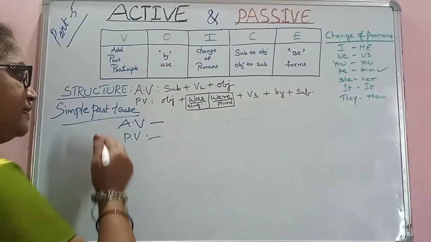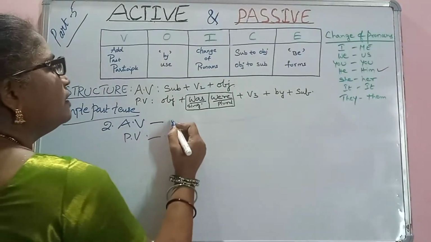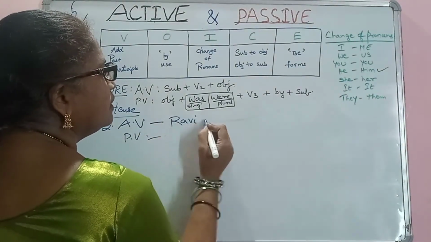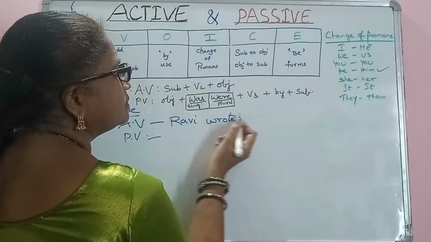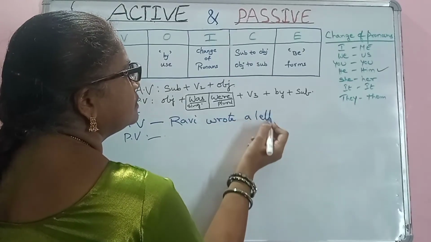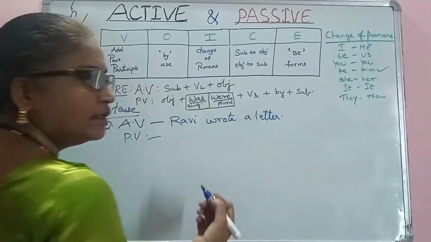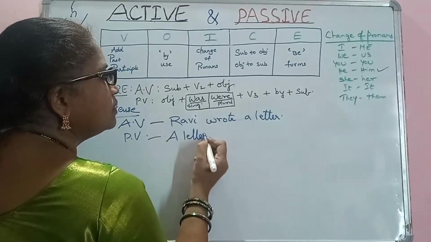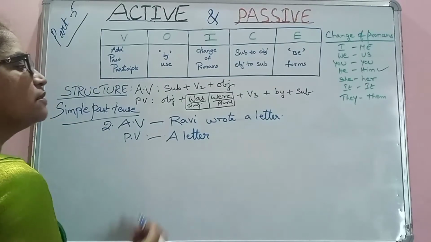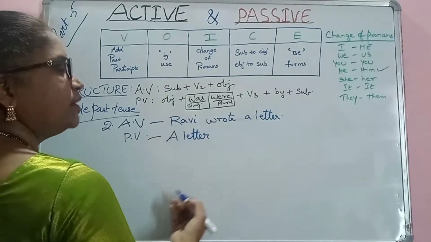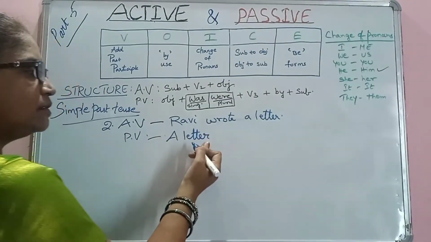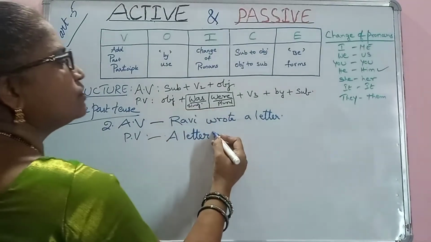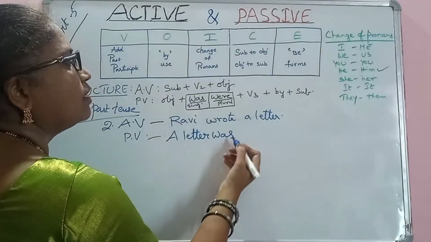Now we'll go with the second sentence. Ravi wrote a letter. When you apply this rule, the object comes to the subject place. A letter is singular, so we have to use was. A letter was.